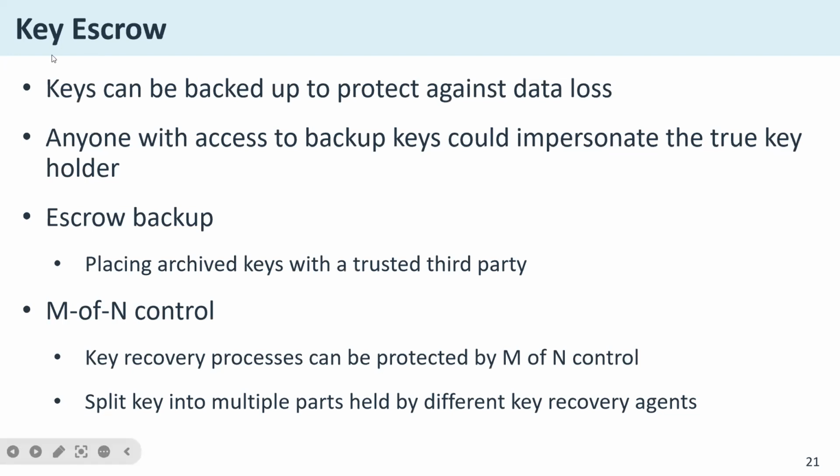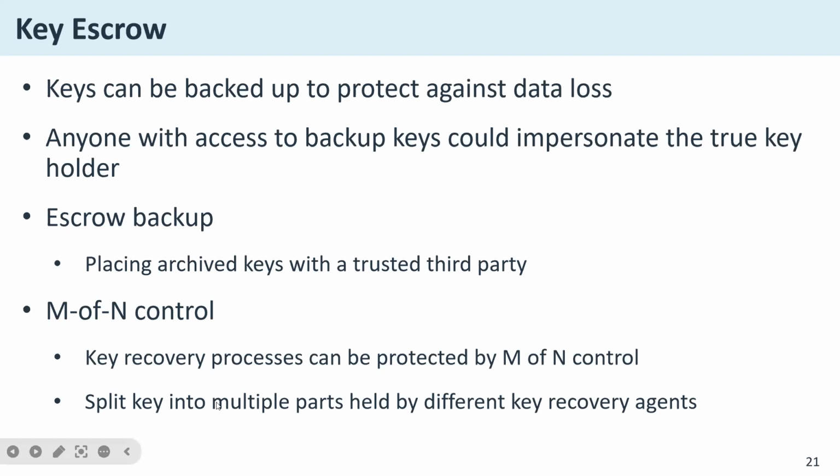Okay, so we also have key escrow. So keys can also be backed up to protect against data loss. And whoever gets access to the backup keys can impersonate the true key. Then you have M of N control. So key recovery processes can be protected by, I think this has to do with the maximum number of agents and the number of agents in control.